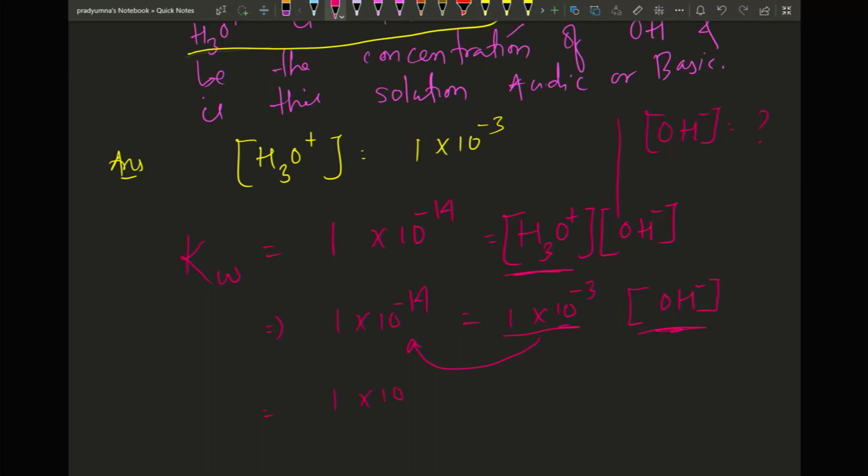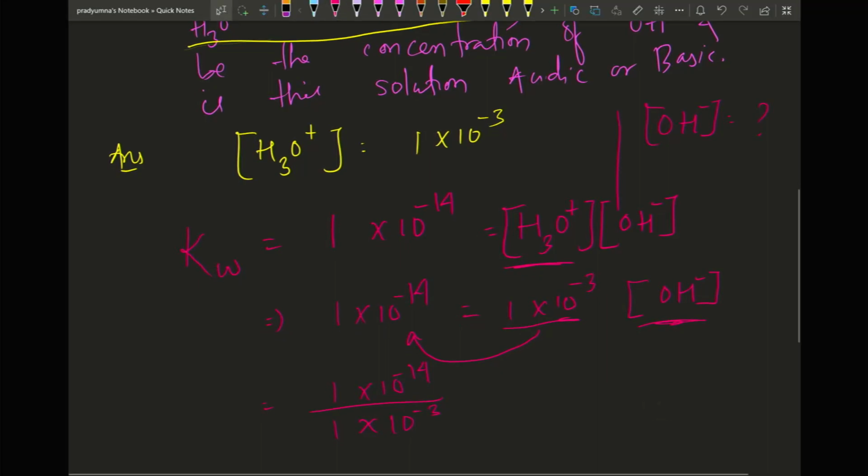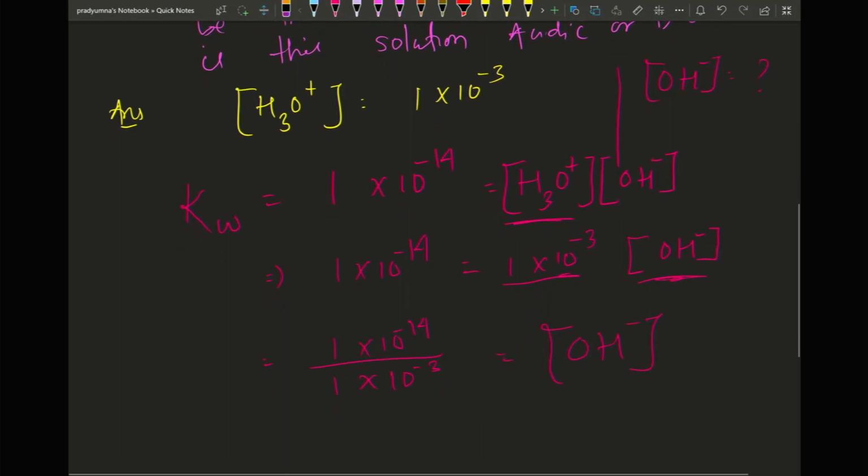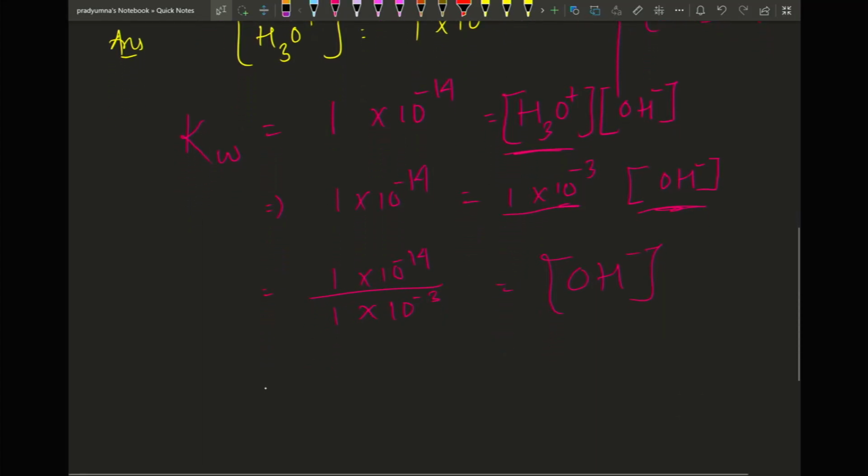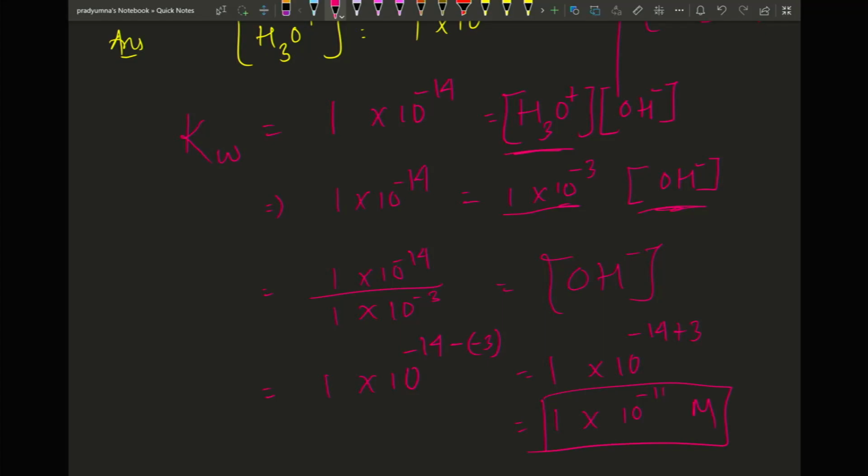So it's 1 into 10 to the power negative 14 divided by 1 into 10 to the power negative 3. That is 10 to the power negative 14 minus negative 3, which is negative 14 plus 3, so that number is 1 into 10 to the power negative 11 molar. So that's the concentration of OH minus.